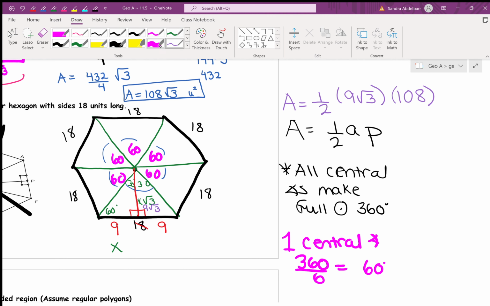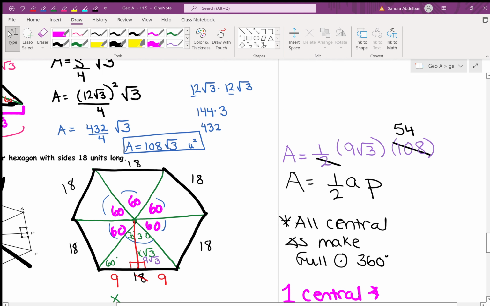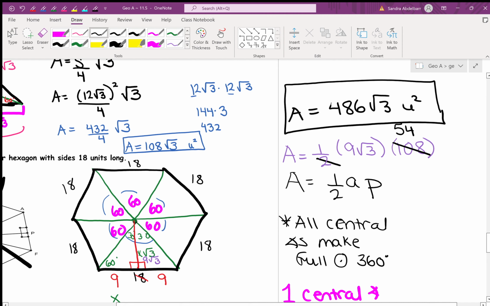I should take half of 108, which is 54. And then we're going to do 54 times 9 root 3, which is 486 root 3 units squared. There will 110% be questions like this on your test when it comes.